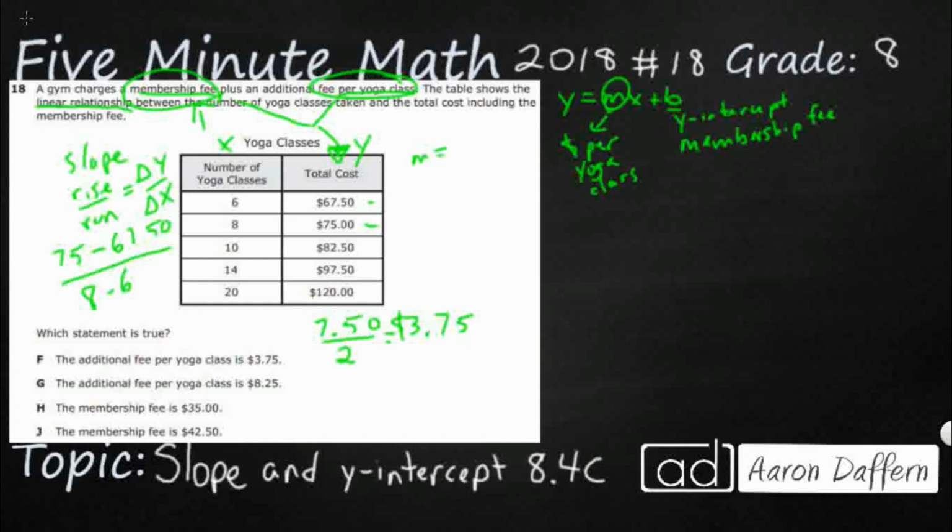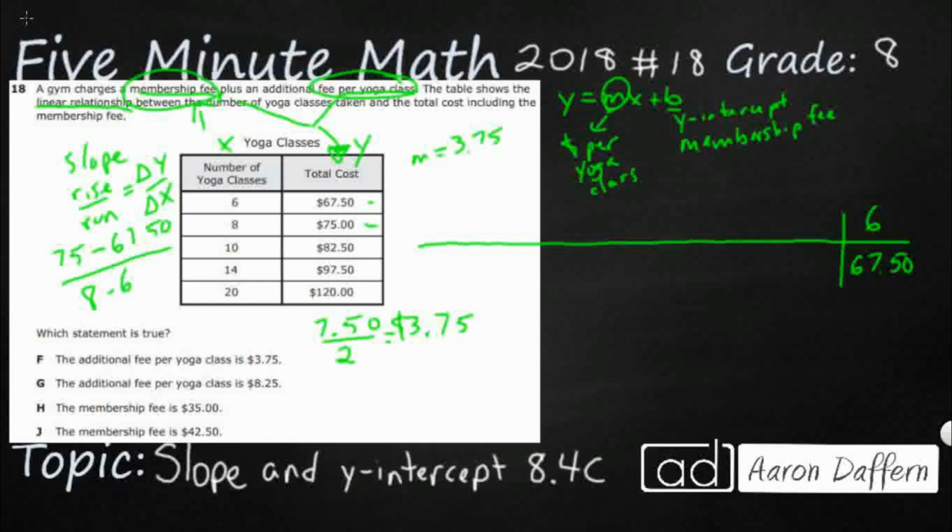So that is going to be my m. So m equals 3.75. So what I want to do now is I want to kind of do a little reverse engineer here. So I've got 6, right? So that's 67.50. I want to see what happens if I go all the way back down to 0.